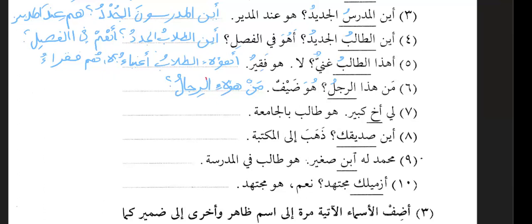Okay, well done. Because of the alif and the lam. نعم. So من هؤلاء الرجال? So عبيد, when the word has alif and lam, then we add one dhamma and not two.